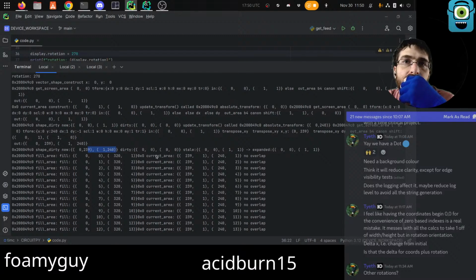But yet, when fill area came through, it didn't find it. I really wish I could see the output of the arrows, like the one that was saying 319,001. That's only happening when we're on the screen, sort of. But we should be on the screen here. I actually don't get why it's not happening.